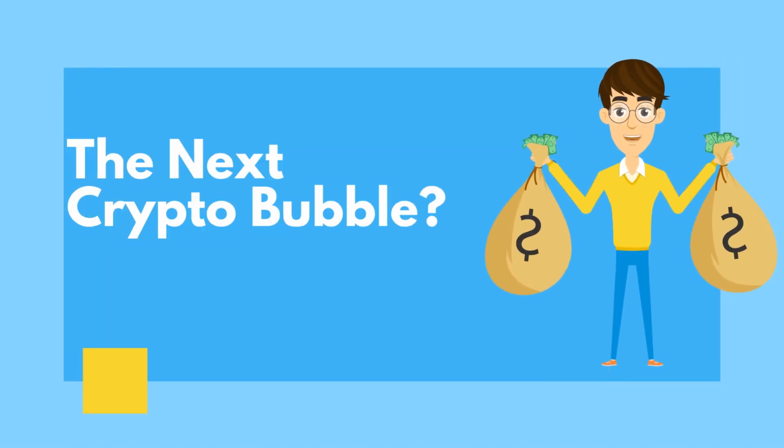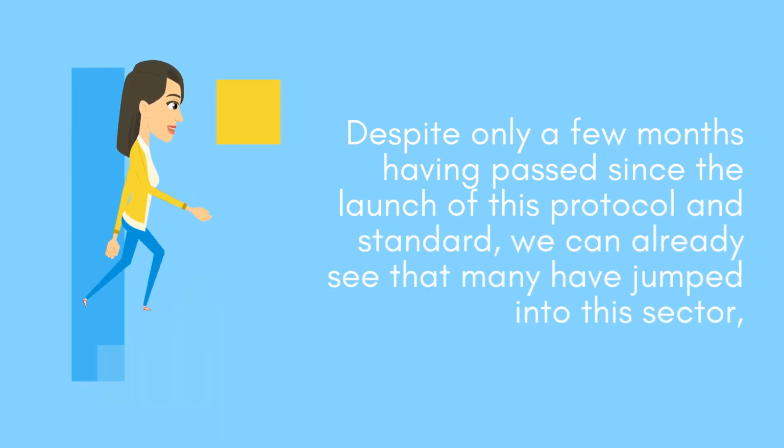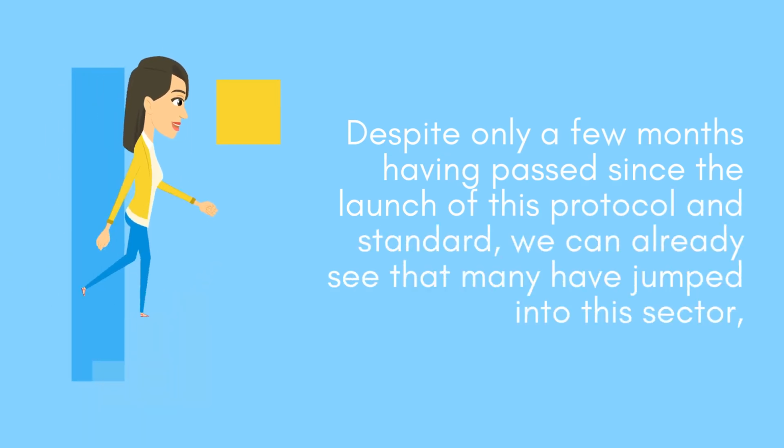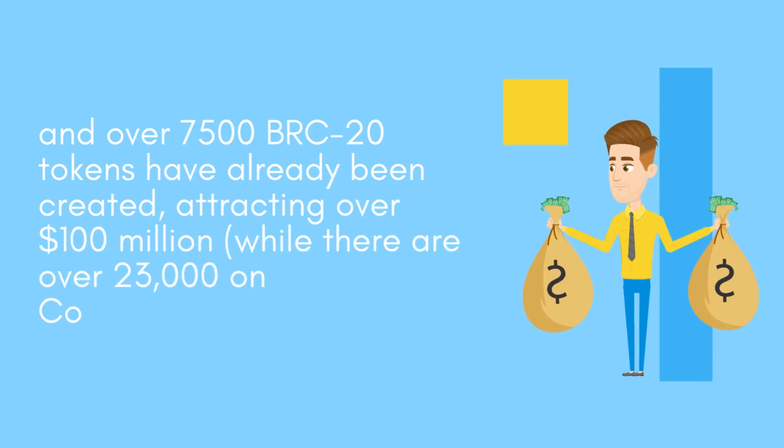The next crypto bubble? Despite only a few months having passed since the launch of this protocol standard, we can already see that many have jumped into this sector. And over 7,500 BRC-20 tokens have already been created, attracting over $100 million, while there are over 23,000 on CoinMarketCap.